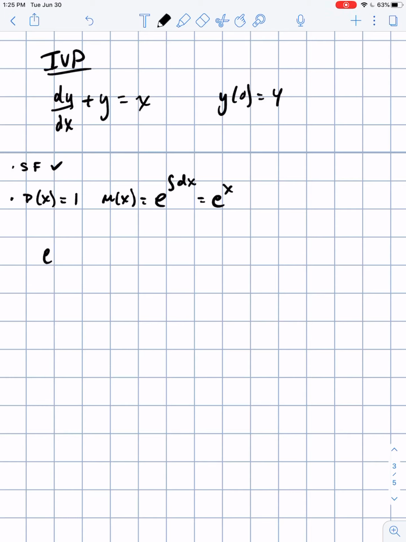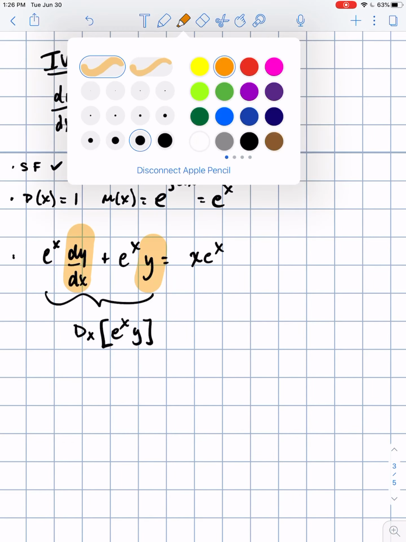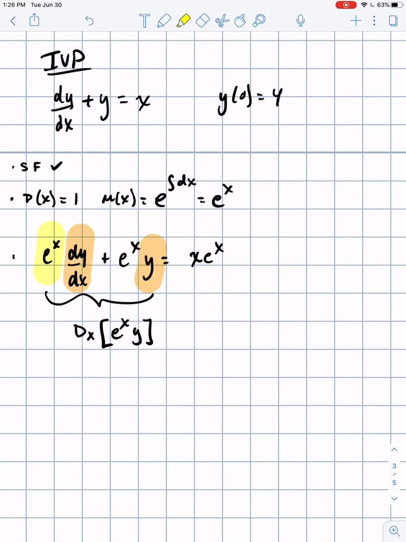Let's multiply everything by e to the x. Okay, here I get that product rule. If you notice, I know I keep doing this, derivative of y, dy/dx, derivative of e to the x, e to the x.